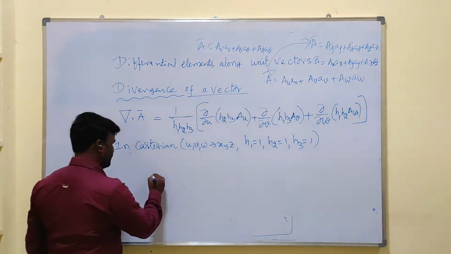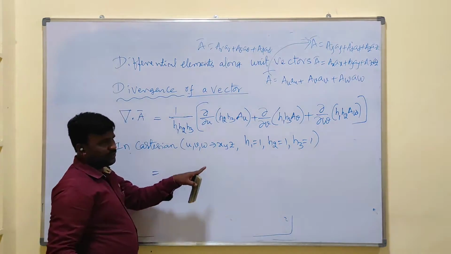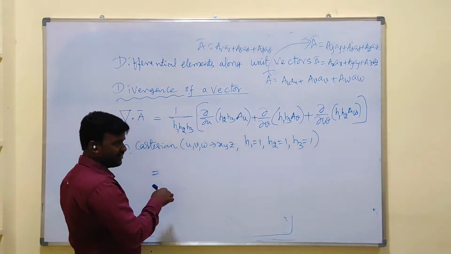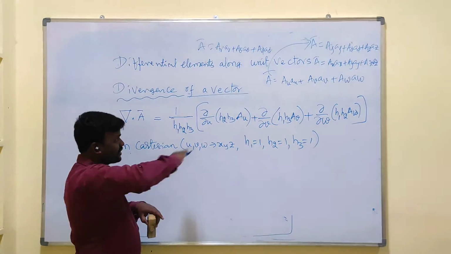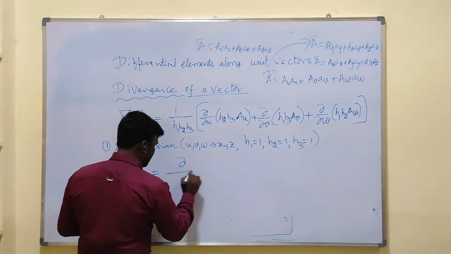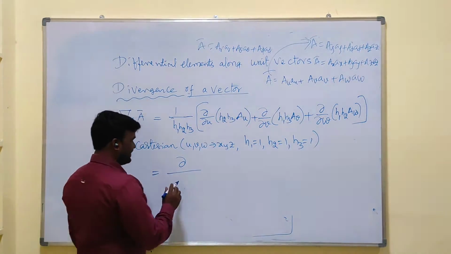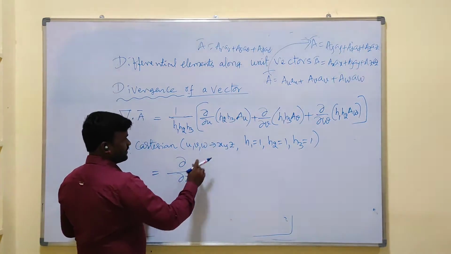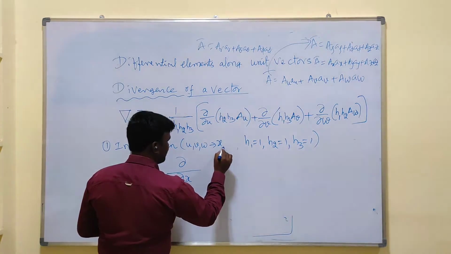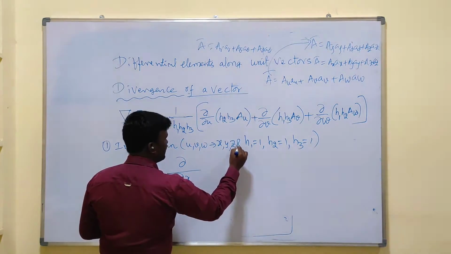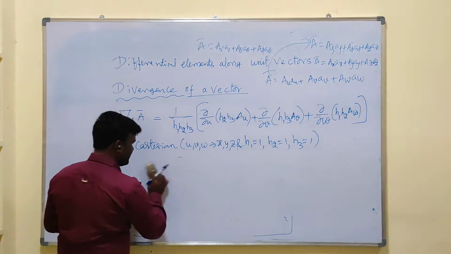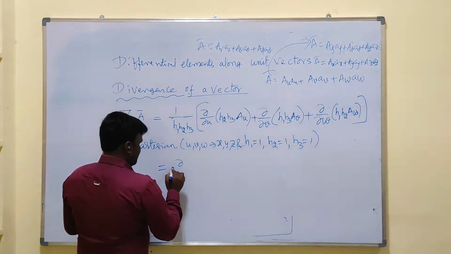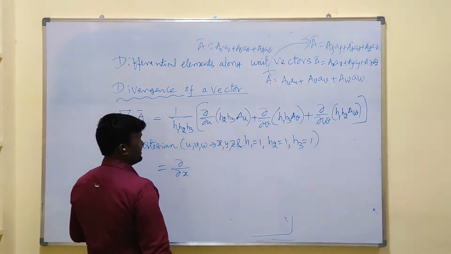Substitute in this one, you will get 1 by 1 into 1 into 1, that gives 1. 1 into something is that something. Write down that something. That is ∂/∂x, like this.